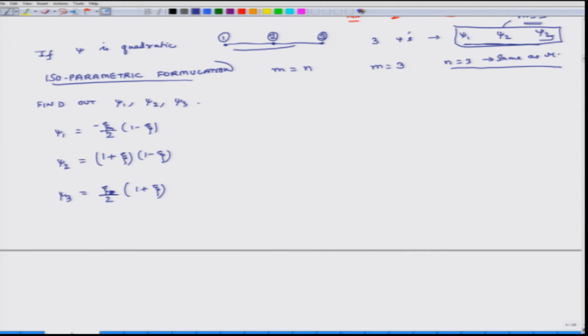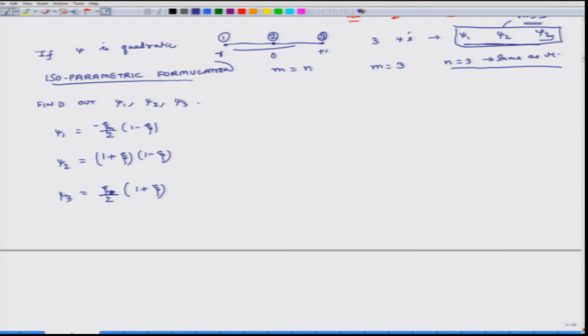Okay. So, if you look at psi 1, for the element zeta is minus 1 here and plus 1 here and 0 here.